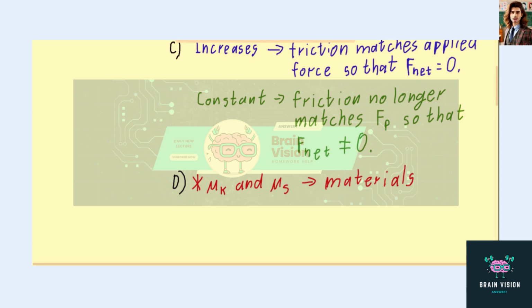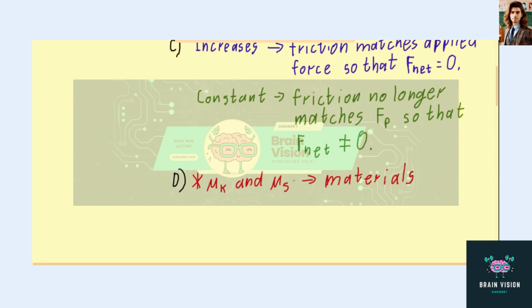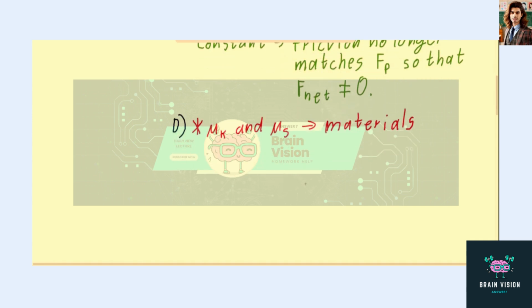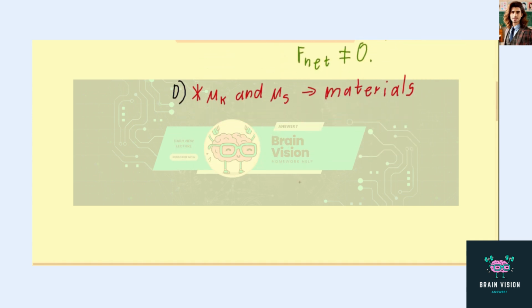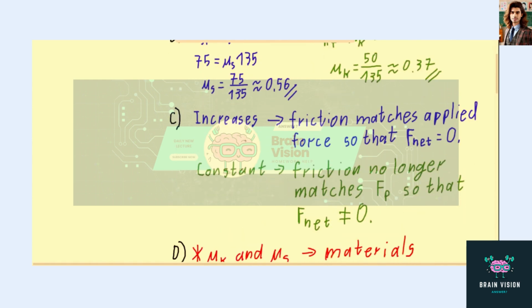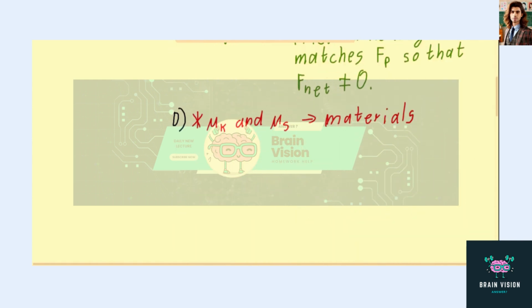Now, if we were to, let's say, grab a block made out of soap, then we would change this because we would be changing the material. But since we're just adding another block, these two remain the same. But the forces do change because remember that they are dependent on the weight. So let's calculate them. First, we're going to have force of static friction.